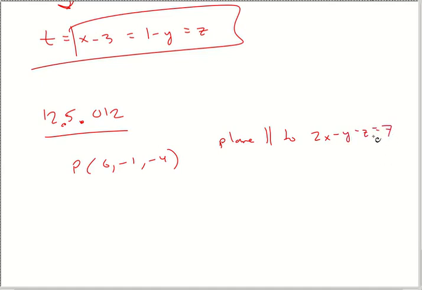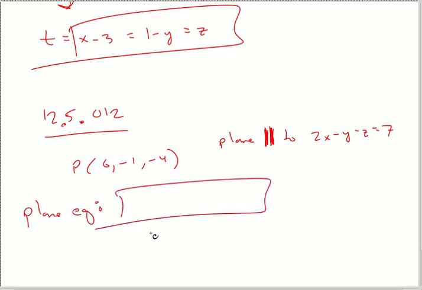Put a little dash mark there maybe. It just looks cooler. This should be the parallel symbol. They're wanting a plane, so they want a plane equation for all this. And so what it's going to look like is ax plus by plus cz equals d. And it's supposed to be parallel to this one.